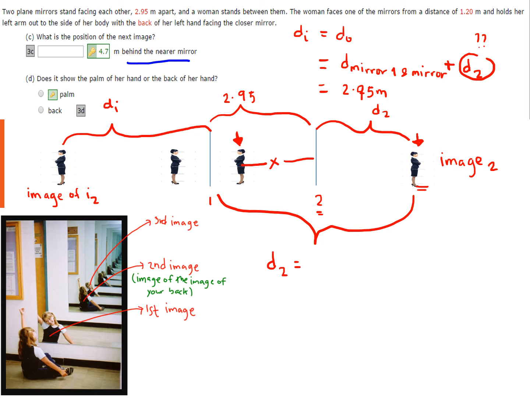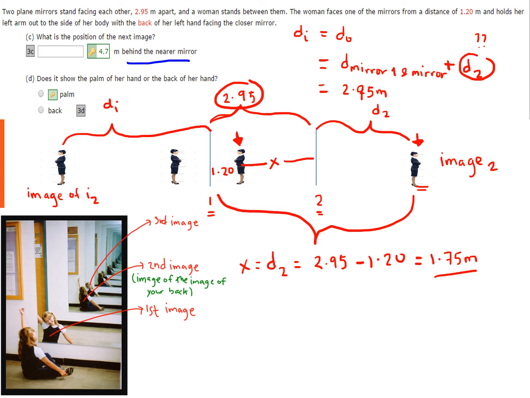Since the distance between the two mirrors is 2.95 meters, and the woman is standing 1.2 meters in front of mirror 1, D2, or our x, is just equal to 2.95 minus 1.20, which is 1.75 meters.